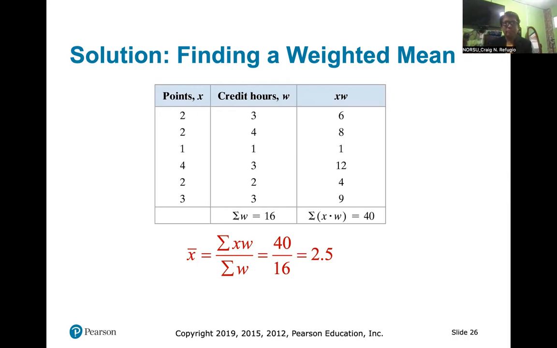A copy of your grades from the previous semester is found in the office, or you can get it from the registrar's office. It's generated. Now, you already know how to calculate the weighted mean or the GPA. I want you to manually compute the GPA of the second semester grade.